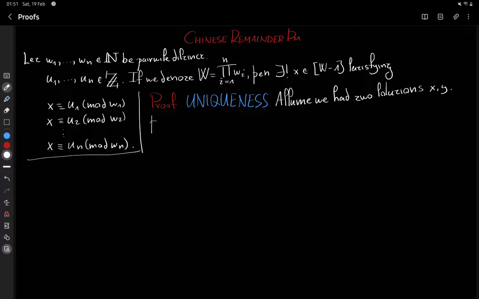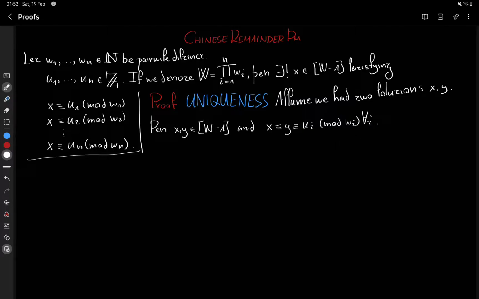One, both X and Y belong to the set of integers from 1 to W minus 1, and two, they satisfy the congruences, so that X is congruent to Y is congruent to Ui mod Wi for all i.